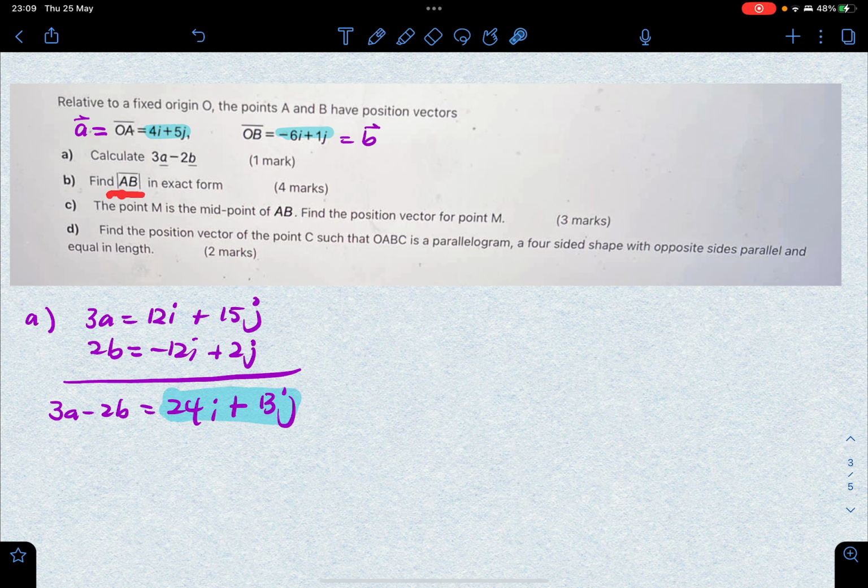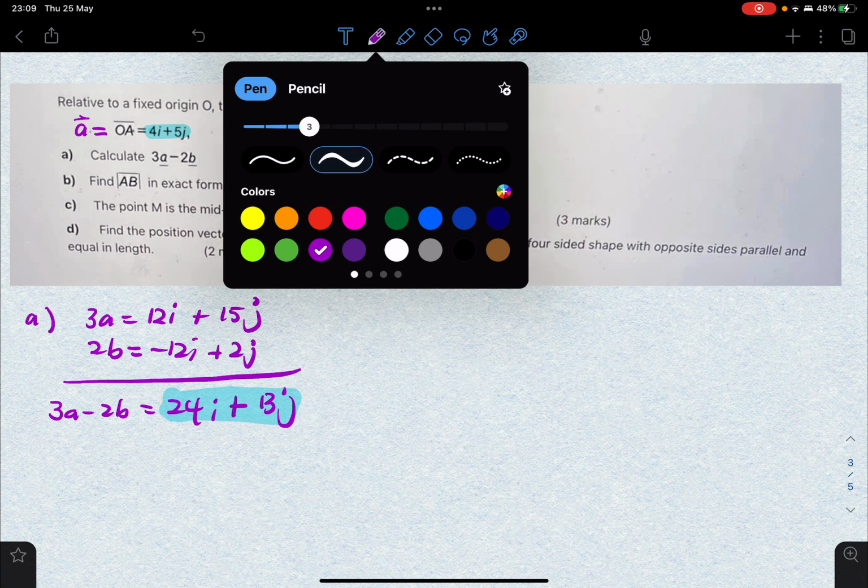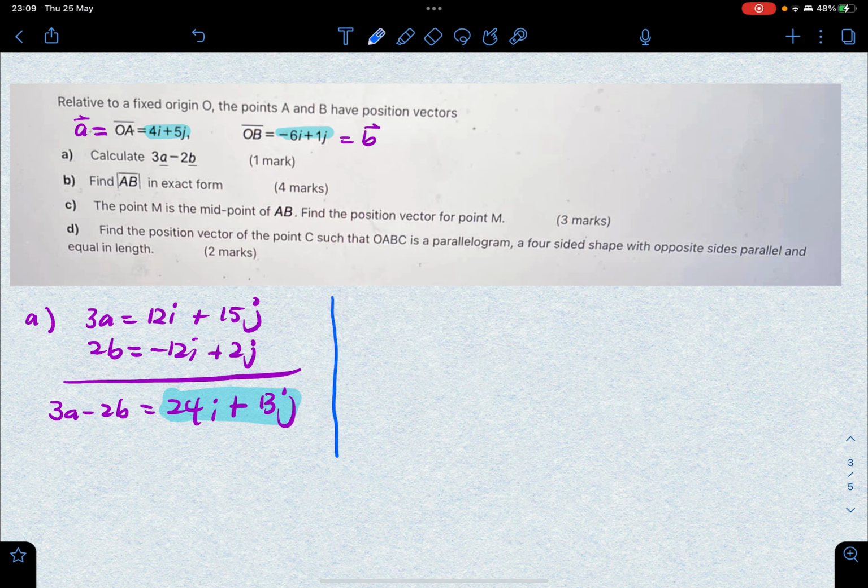Then it says find the magnitude of the vector AB in exact form. So first of all, let's find the vector AB before finding the magnitude. So the vector AB is actually the vector OB minus OA. Or some people would write it B minus A. So OB is this and OA is that.